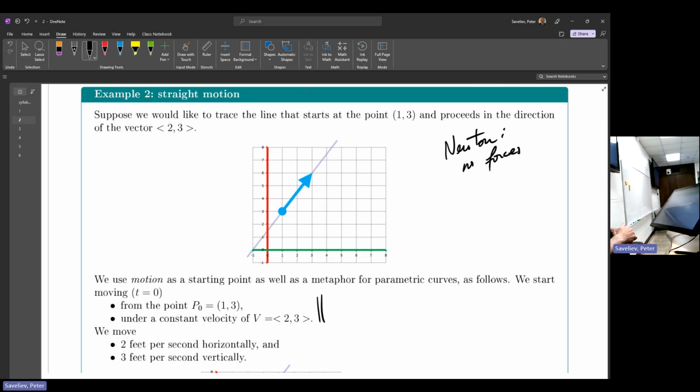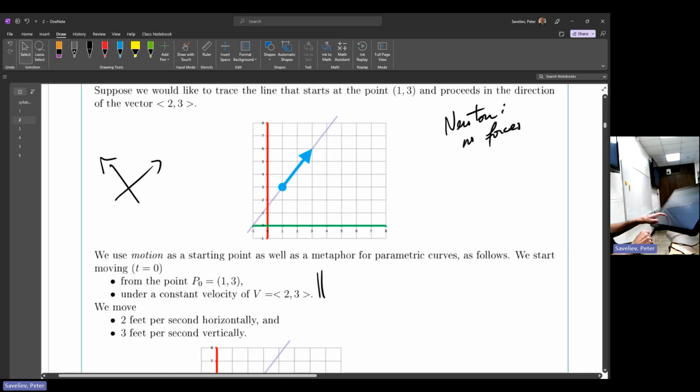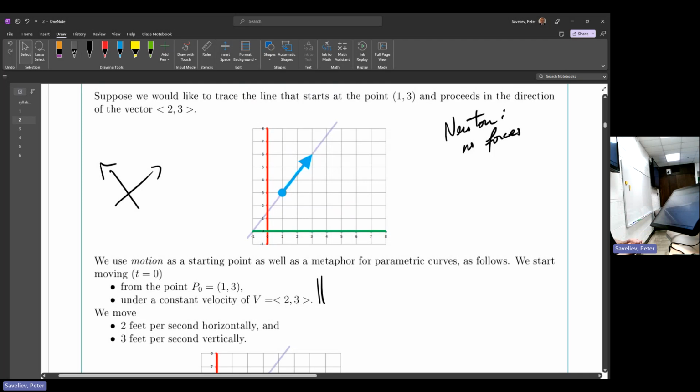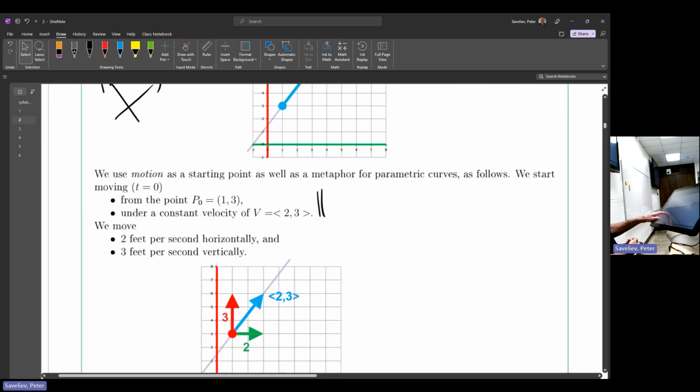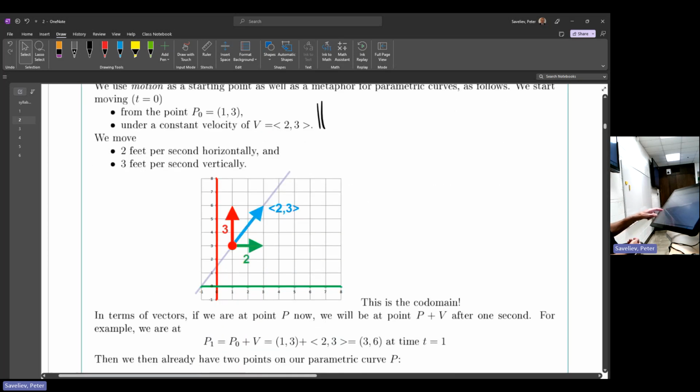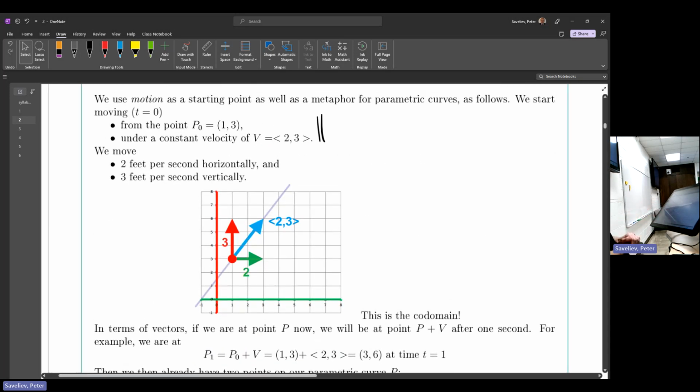Naturally the x and y axes could be moved elsewhere, and it would still make perfect sense. But since we are supplied with the system, then we can also express that we actually move 2 feet per second horizontally and 3 feet per second vertically. That's what (2, 3) means. Okay, and then let's do some algebra.